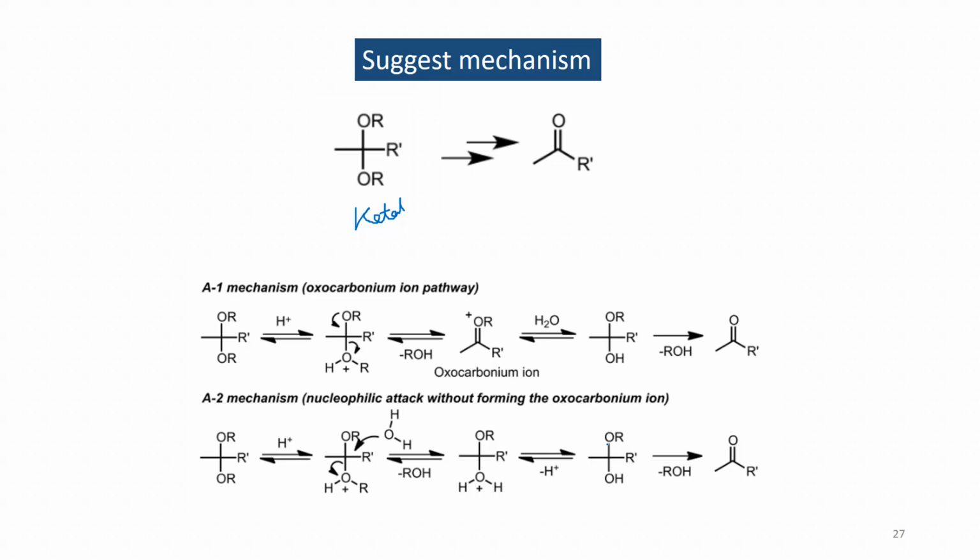In one case, an oxocarbonium intermediate is formed, as in this case the nucleophile is not directly removing the OR. The nucleophile is first attacking, then this OH will get protonated and get removed from the system by the internal nucleophile.